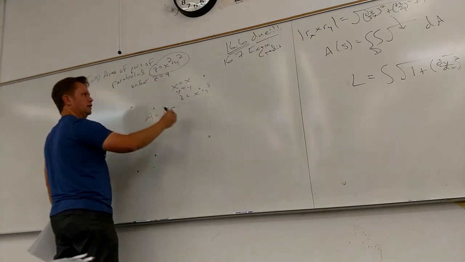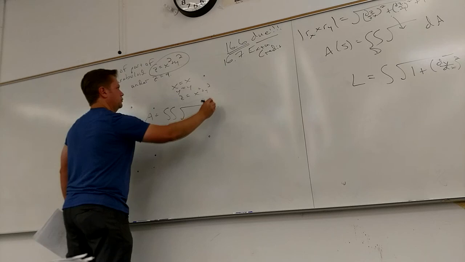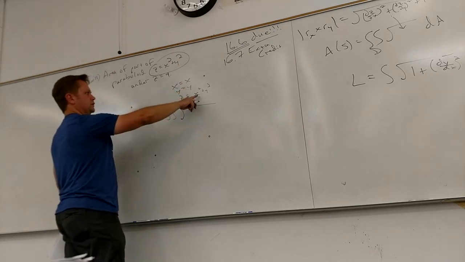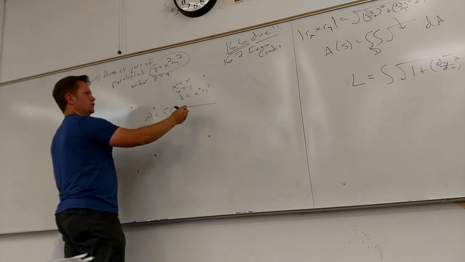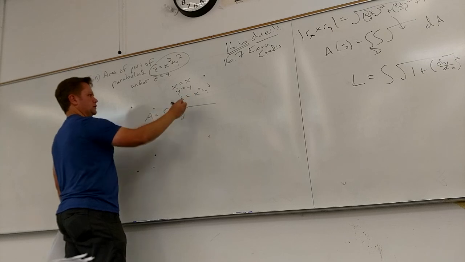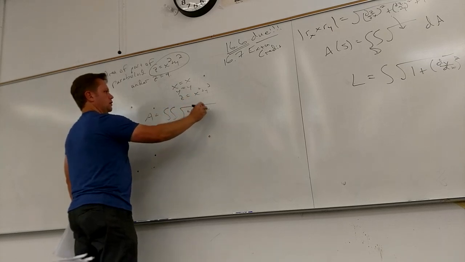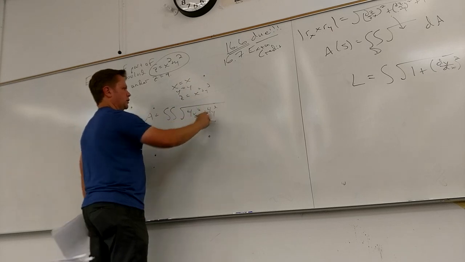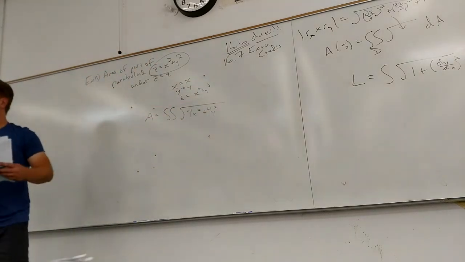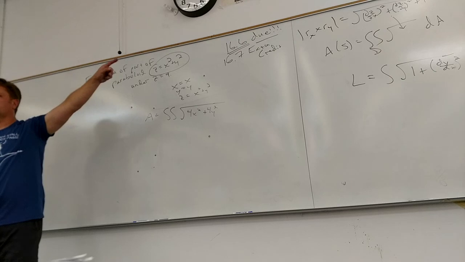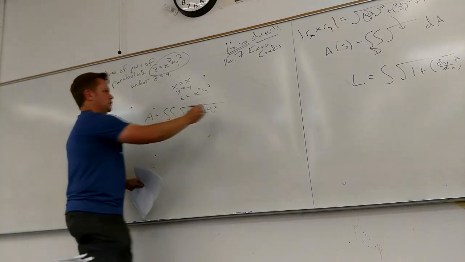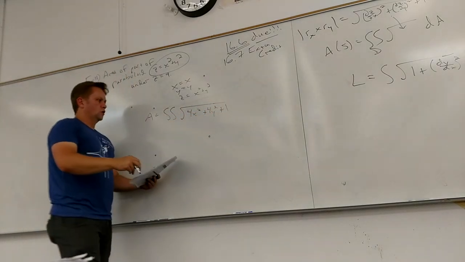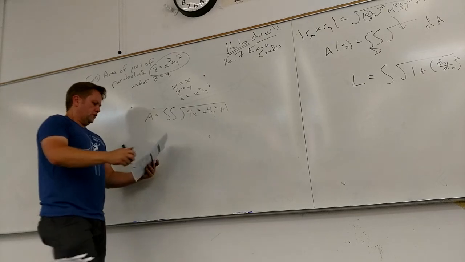We got to figure out the limits. Square root of dz dx. So what's dz dx? 2x squared, so 4x squared. dz dy, same thing. So it'll be 4y squared. Is everybody cool with that because I'm squaring it? Good old Pythagorean rule. Plus 1. dA.